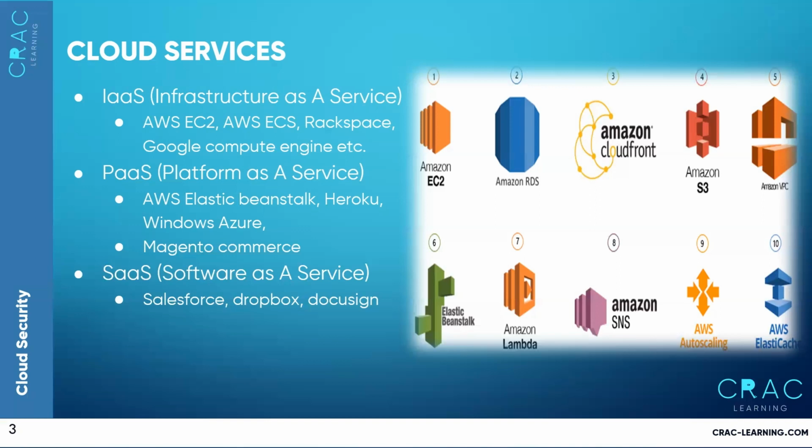They are providing a service, so you can call that setup software as a service. Dropbox, for example, is allowing us to store some data, so it is offering us software for storing data. DocuSign is offering us a service which can digitally sign our data on cloud, so that is another software on cloud.